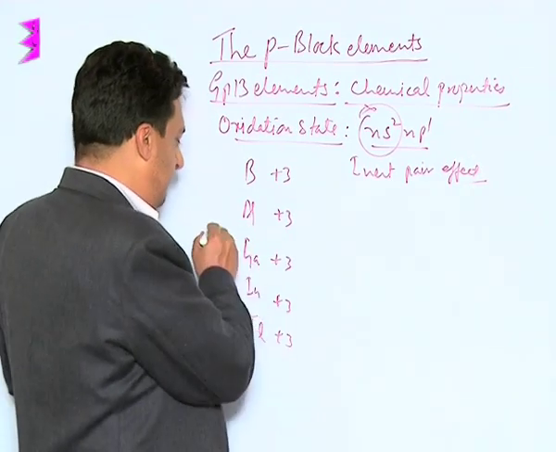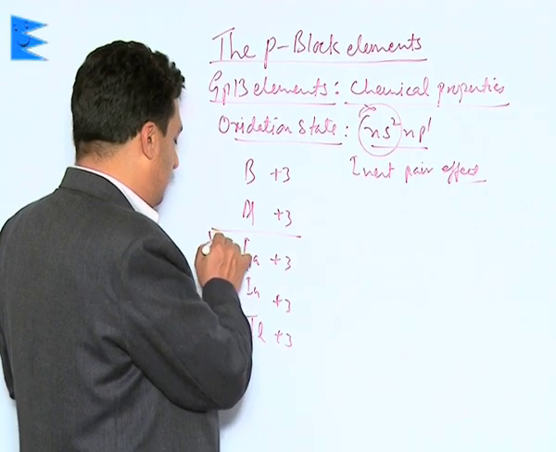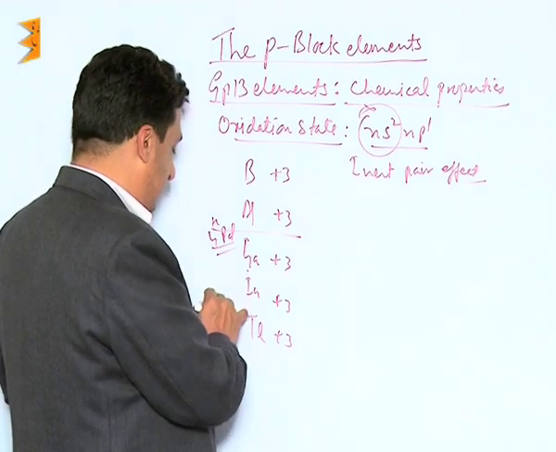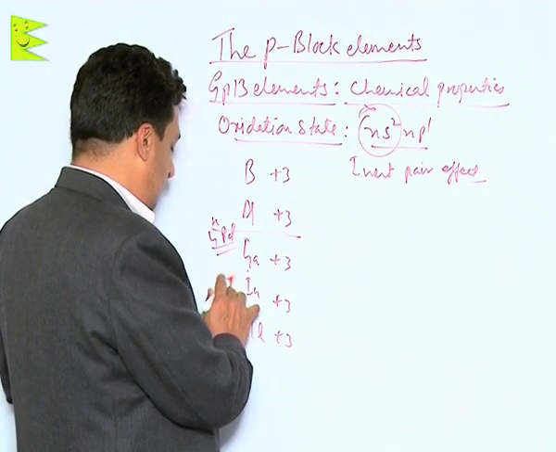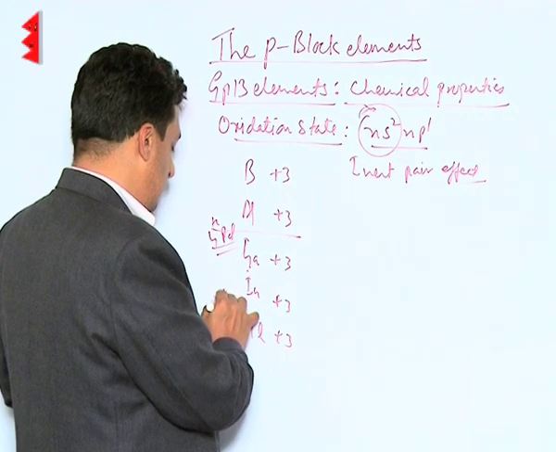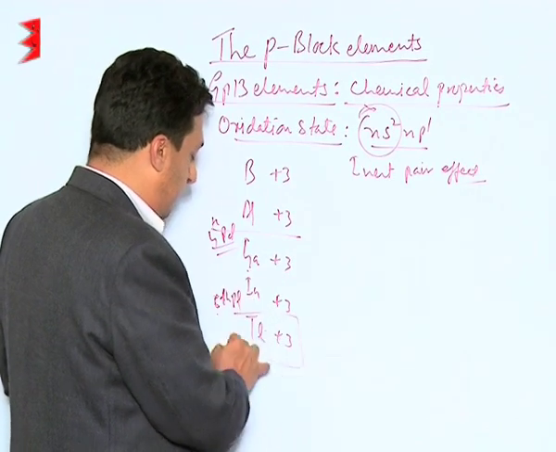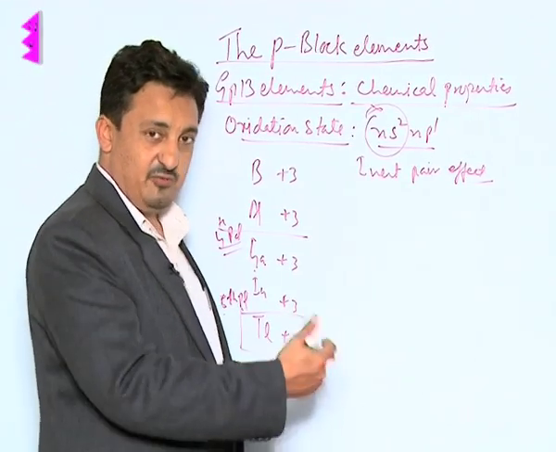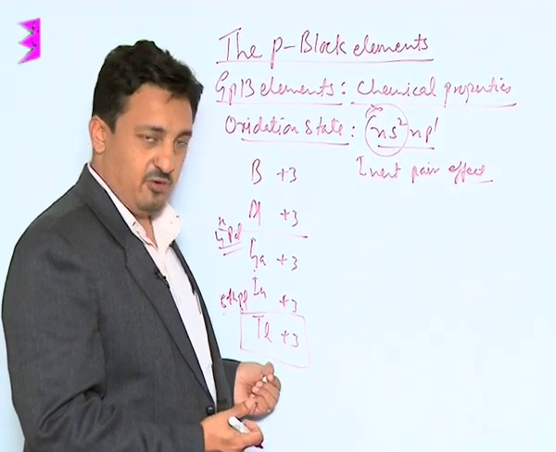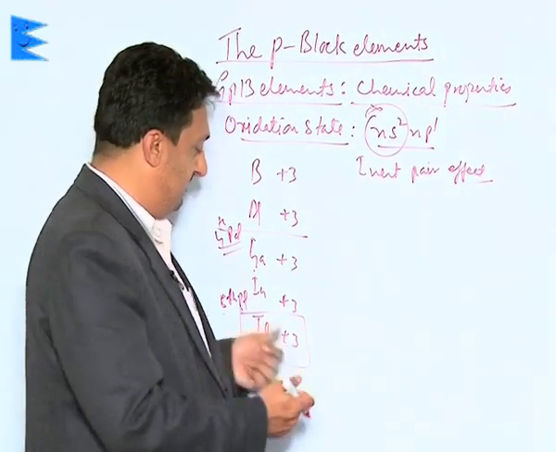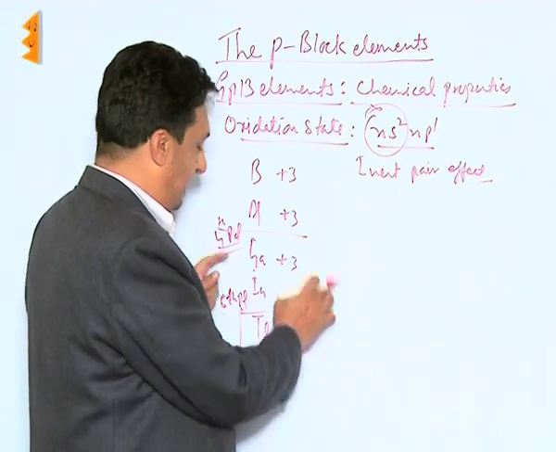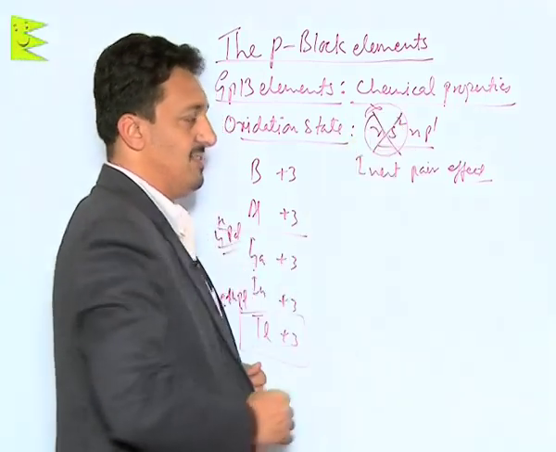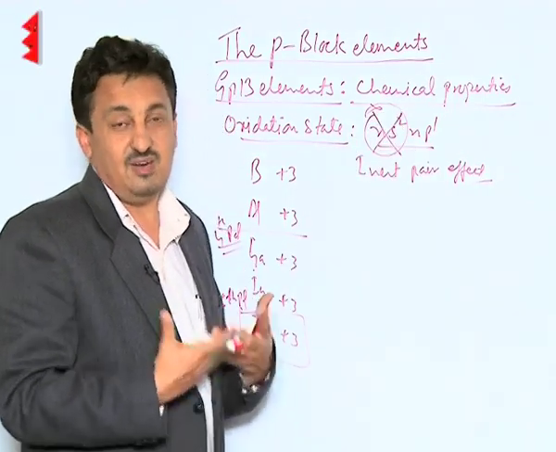But since the poor screening starts from gallium, the 4th period, and is particularly worse in the 6th period, the reason being the lanthanide contraction and the poor screening effect of the f orbital electrons, in thallium, or in these 3 elements specifically, as they have d electrons and the poor screening of the d continues, the ns electrons stop participating in chemical reactions because of the high ionization enthalpies.